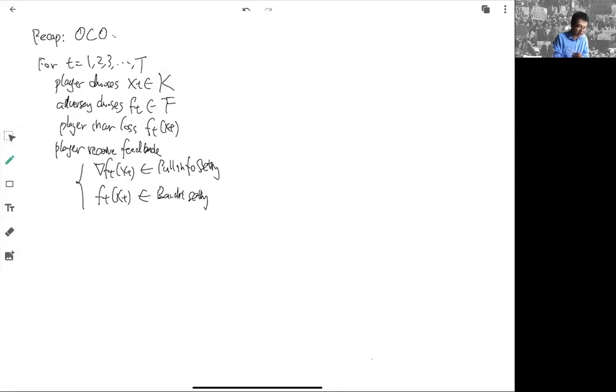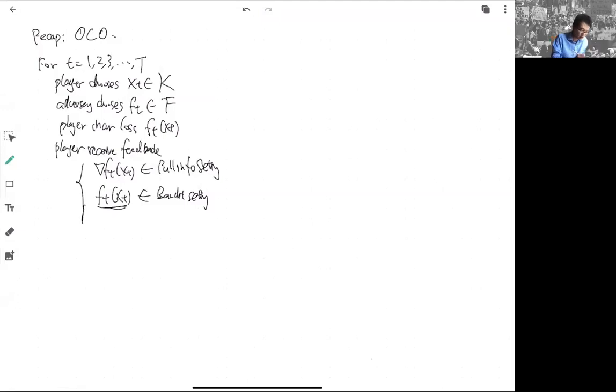In the bandit lectures that we didn't get to talk about in this class, I encourage you to continue reading the OCO textbook. There's a reduction of the bandit setting to the full information setting by creatively choosing this xt such that this becomes an unbiased estimator of the gradient.